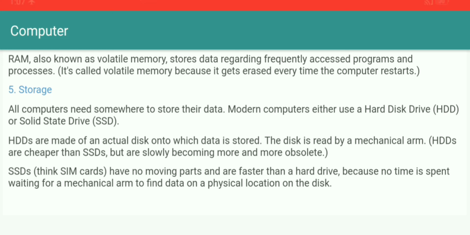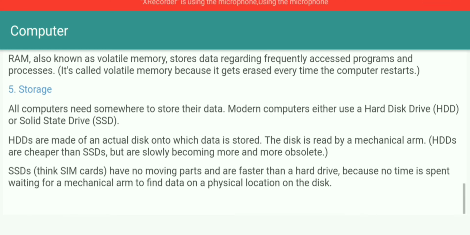So, yung HDD are made of an actual disk onto which data is stored. The disk is read by a mechanical arm. Ang HDD are cheaper than SSDs. Mas mura daw yung HDD kaysa tinatawag na SSD, but are slowly becoming more and more obsolete.